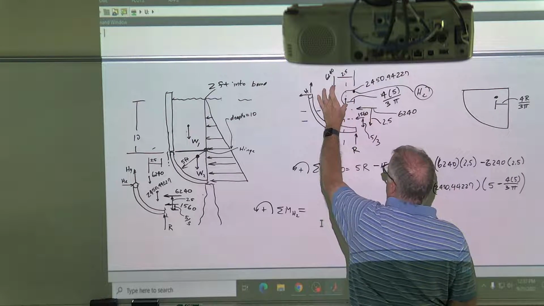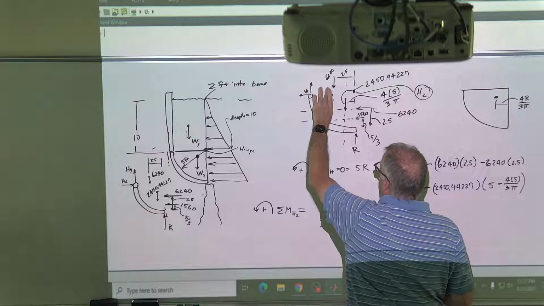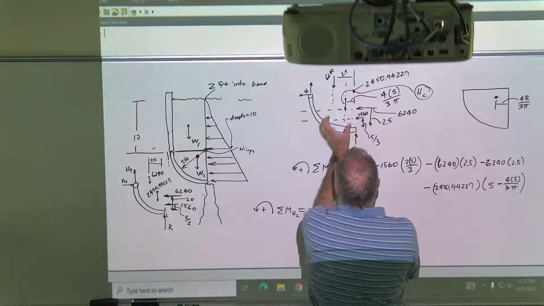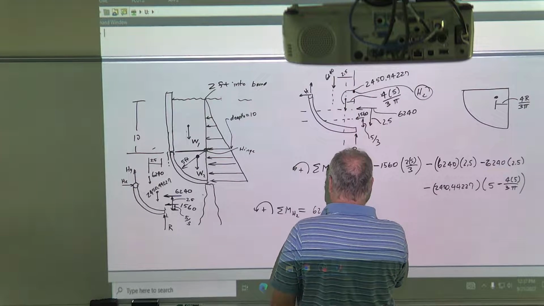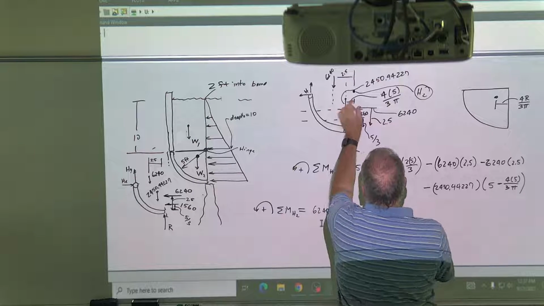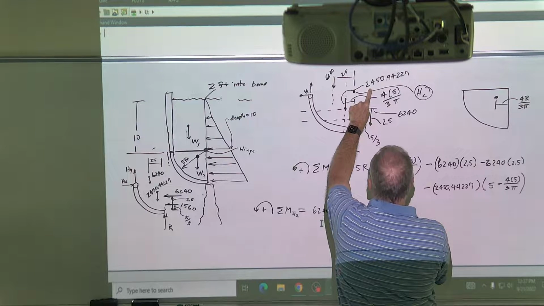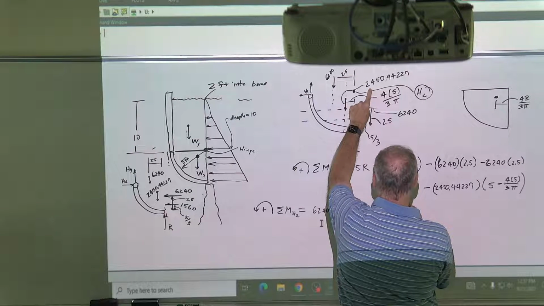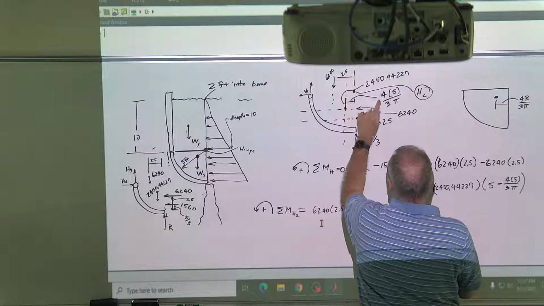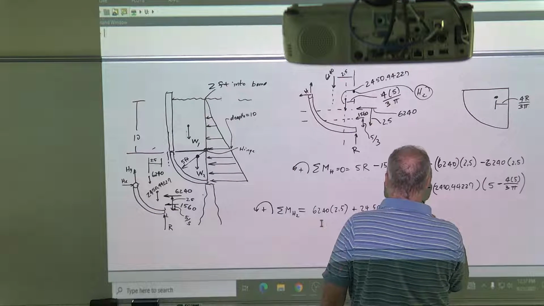So you get two forces here that are pushing this way, two forces that are pushing the other way. So I get two positives. The first positive is 6240, and its distance is 2.5. The second one is positive, and it's 24,250.44227, and its moment arm is 4/5 of 3 pi.